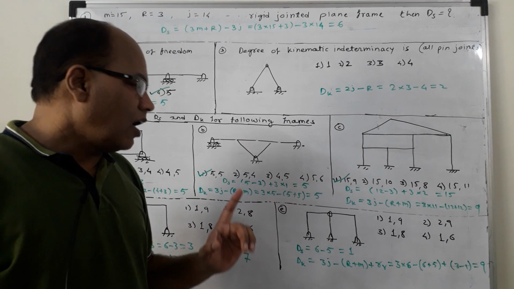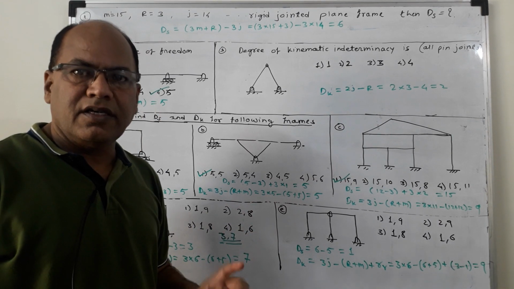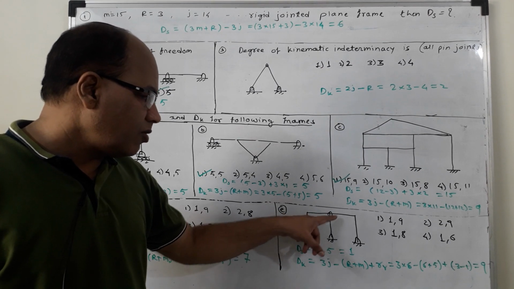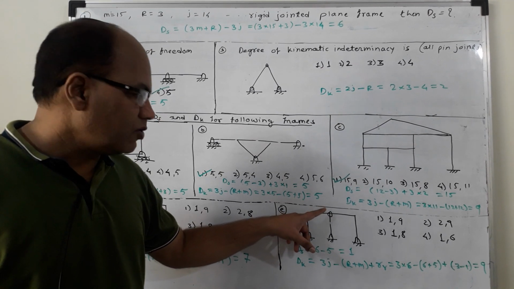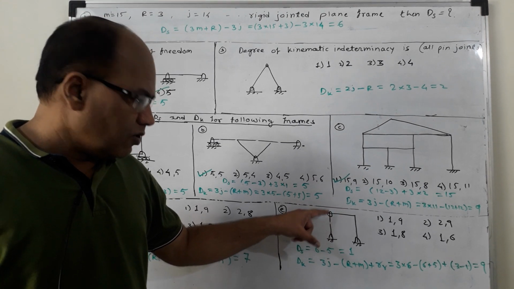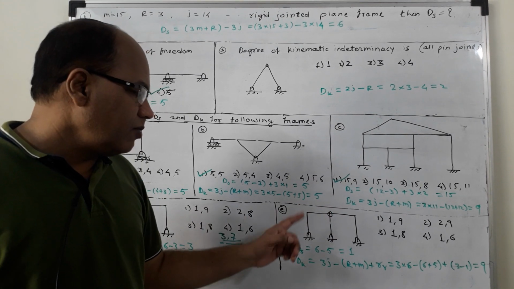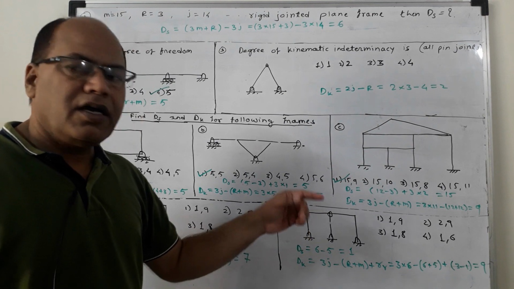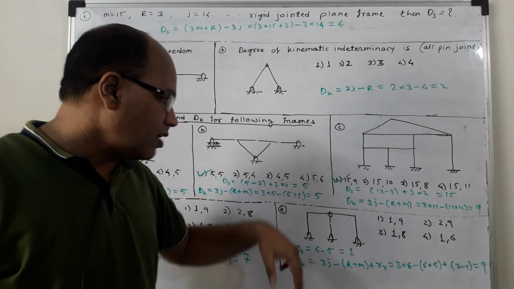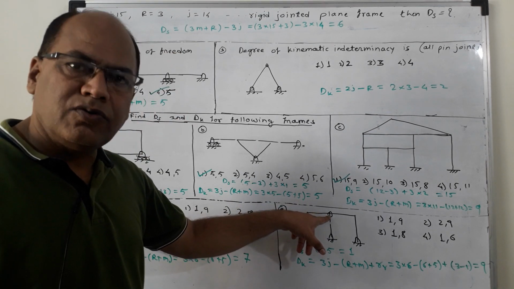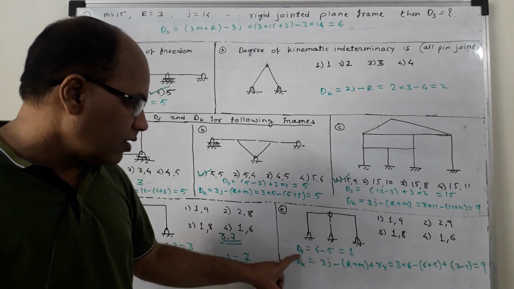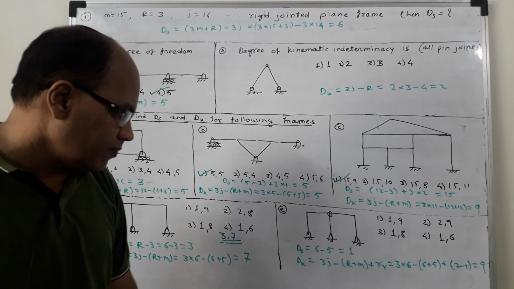Now these additional equations are equal to m dash minus 1 for each hinge. M dash is the number of members meeting at that joint. So there are 3 members meeting over there. So m dash minus 1 becomes 3 minus 1, which is 2, and that is why the original equations of equilibrium are 3, plus additional equations of equilibrium, 2, because of this internal hinge. Total number of equilibrium equations is 5, and ds is equal to 6 minus 5, that is 1.